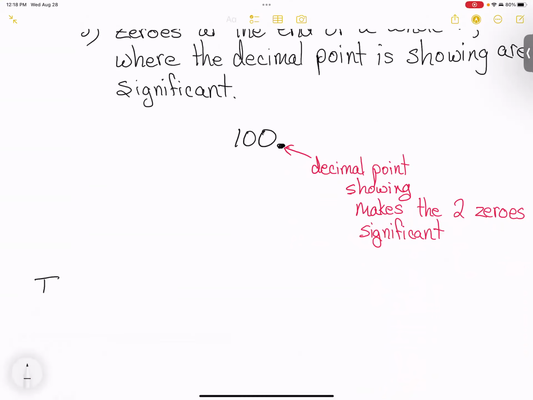Now we get into insignificant. And there's actually only 2 rules for insignificant.